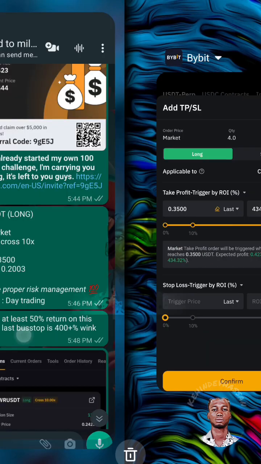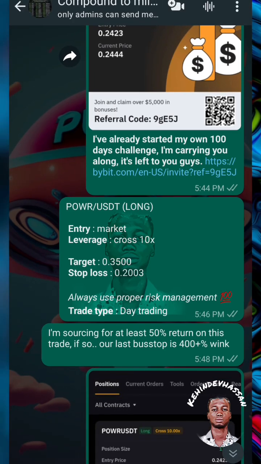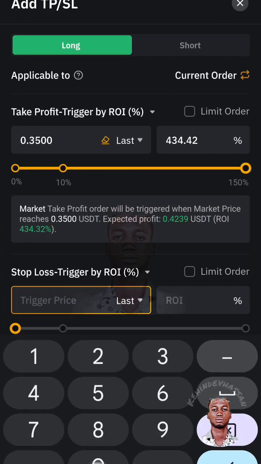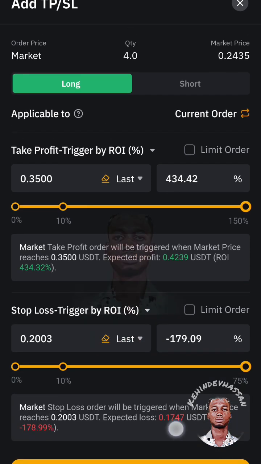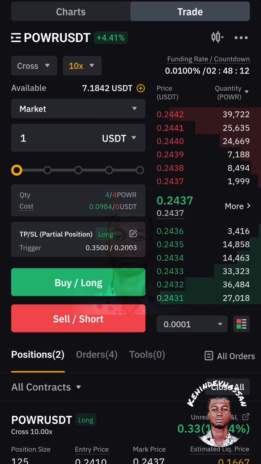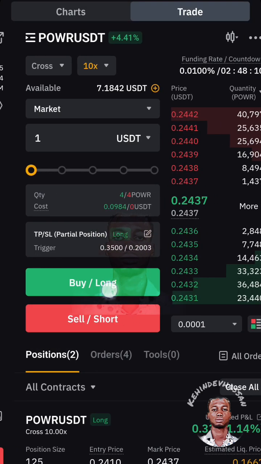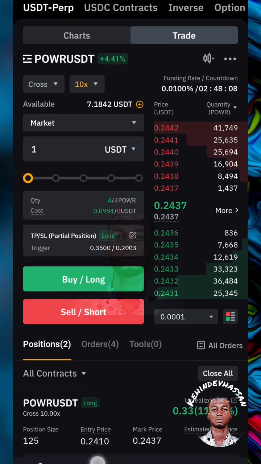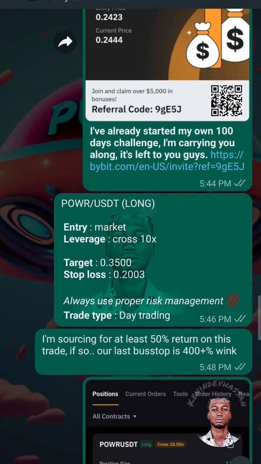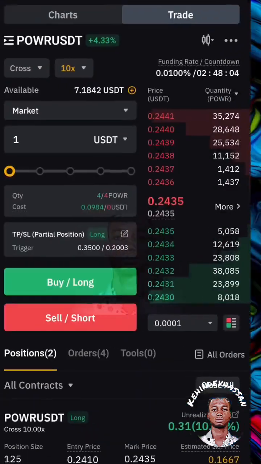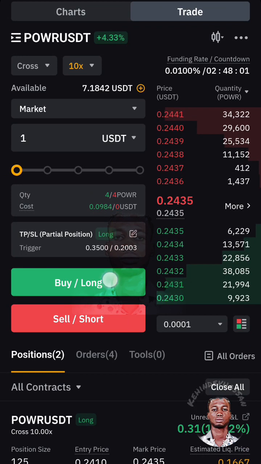And we have a stop loss of 0.2003. Once we are done with that, we click on confirm. Then we click on buy long, based on the fact that the contract is long. Remember, buy is the same thing as long.